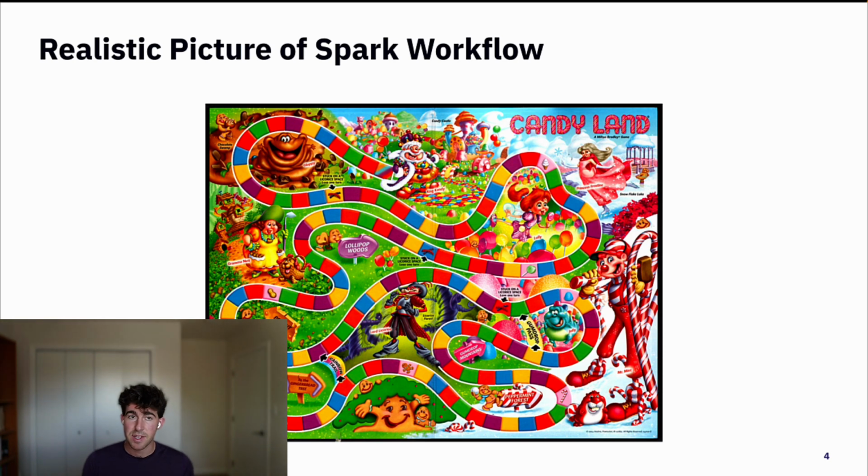But this is actually maybe a more realistic picture of what a Spark workflow looks like. The finished product may be the Candy Castle Wonderland, but Spark requires a lot of infrastructure management, a lot of keeping costs in mind, a lot of interesting little finicky, unique APIs and quirks that make it actually a little bit painful to run these processes sometimes. You have to be really familiar with niche parts of the Spark data frame API and other processing quirks.